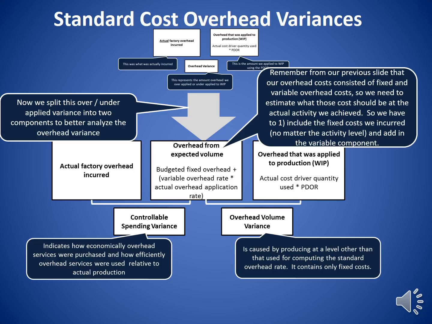So we compare actual overhead incurred to the overhead from our expected volume, and we end up with our controllable spending variance. Now, over on the right side, we have an overhead volume variance, and again, it's caused by producing at a level other than that used for computing the standard overhead rate, as I mentioned before.